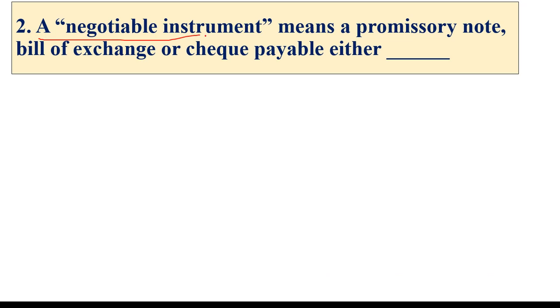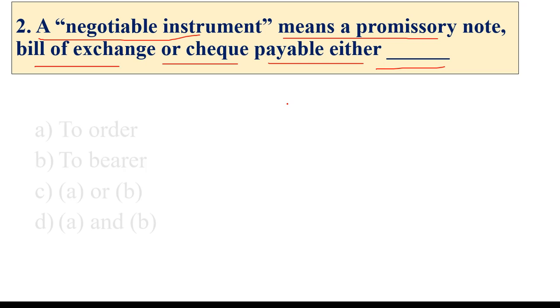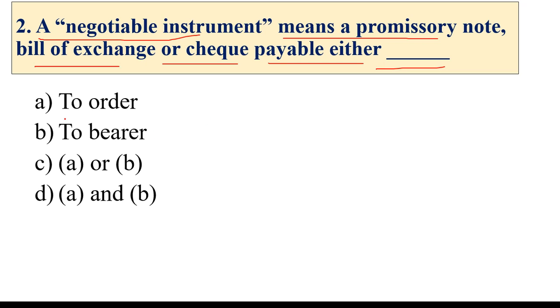A negotiable instrument means a promissory note, bill of exchange, or check payable either dash. So we'll see the options. Option A, to order, B, to bearer, C, A or B, means both, to order or to bearer.